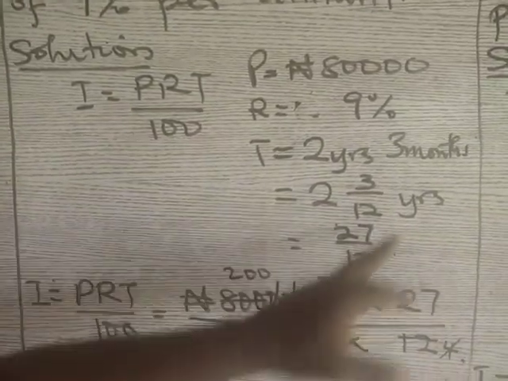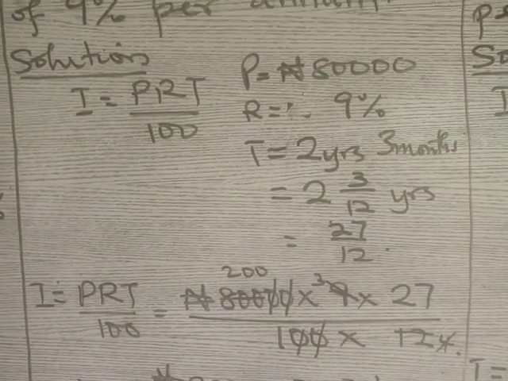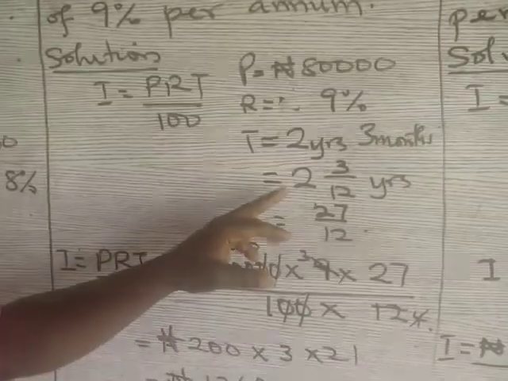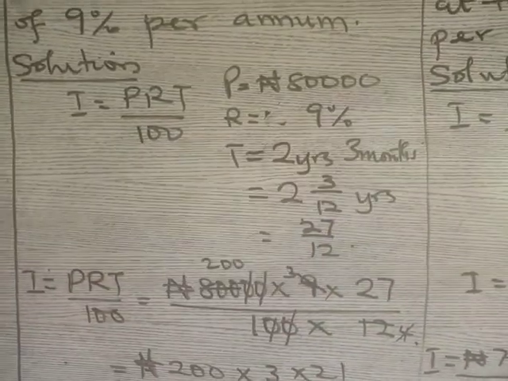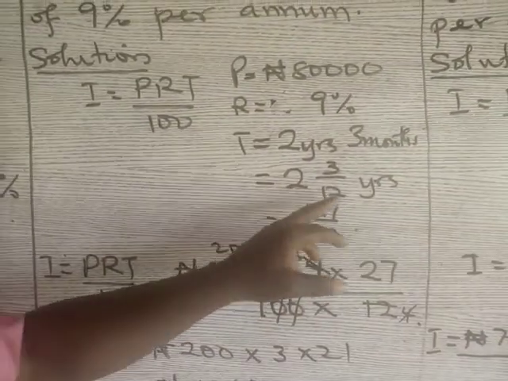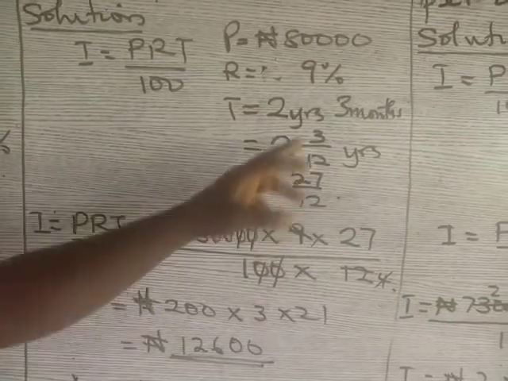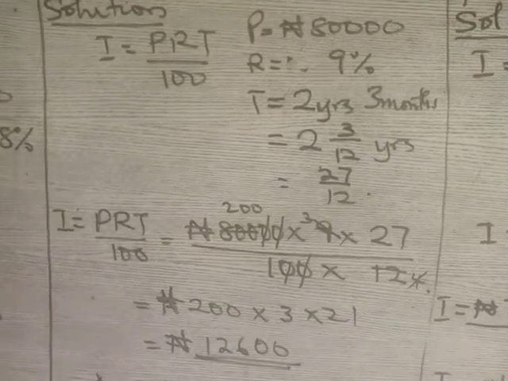That means you have to make that month in form of year, and in 1 year we have 12 months. That becomes 2 whole number 3 over 12. Then 2 times 12, 24 plus 3, that becomes 27 over 12.